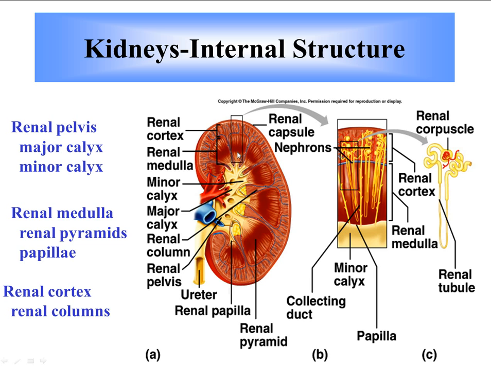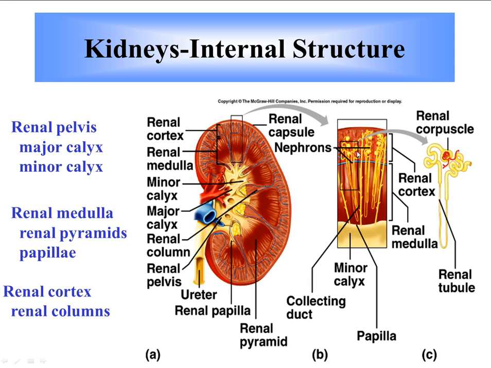Now if you take a little area of this renal pyramid, you can see here is the cortex, here is the area of the medulla, here's the papilla, and the minor calyx.